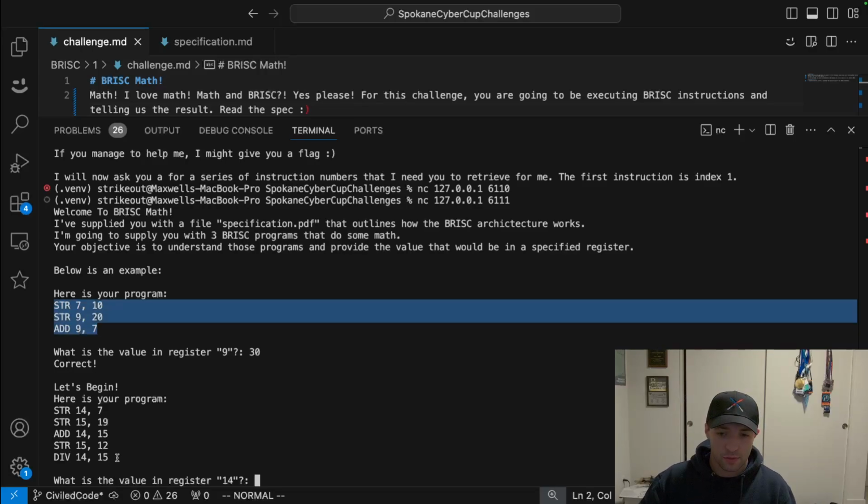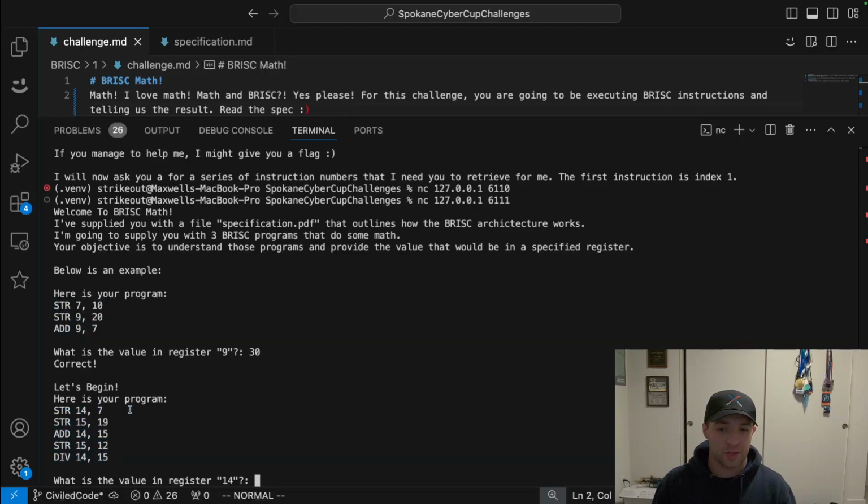So for this one, it's going to be store 7 in address 14, store 19 in address 15. And then we're going to add those together. So 7 plus 19 is going to be 26. And then we're going to add, which is done here, that's put back in 14. And then we're going to do the result of that divided by 12.